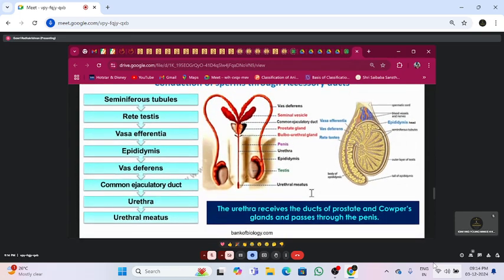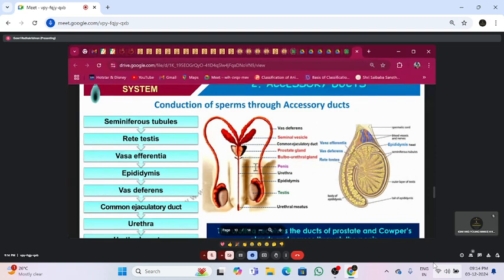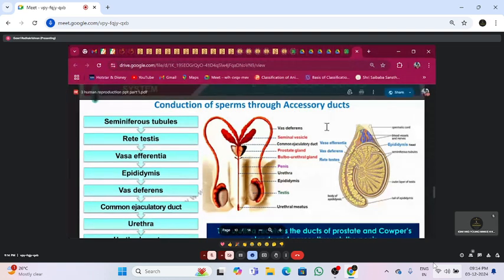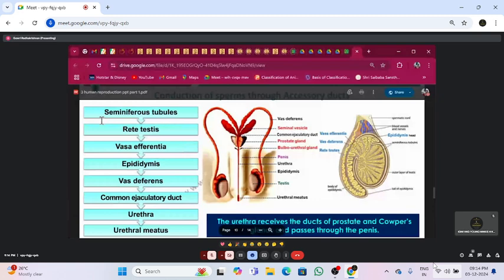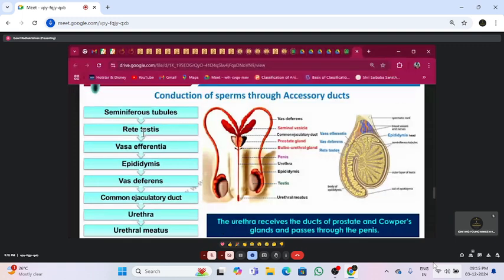So this is the conduction of sperm through the accessory ducts. First the seminiferous tubules, then the rete testis, then the vasa efferentia, and then the epididymis, where it's stored temporarily. From there it goes to the vas deferens, then the common ejaculatory duct, and then the urethral meatus.